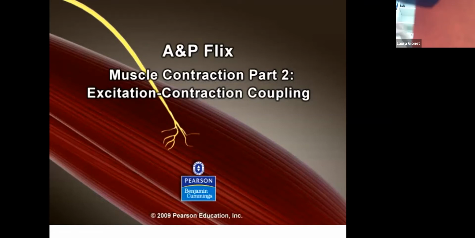Once you know the normal pathways, then understanding why dysfunction of this is called multiple sclerosis will make sense. Okay, so let's move on to the next one.